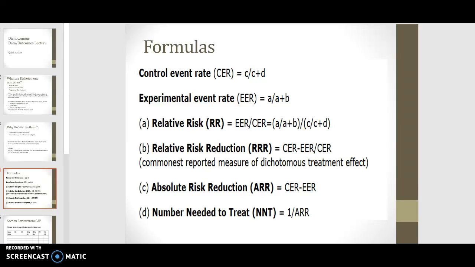Now let's look at the effect measures. We have relative risk reduction and absolute risk reduction. Relative risk, which is also considered risk ratio, is the risk of something happening when you compare the odds for two groups against each other.